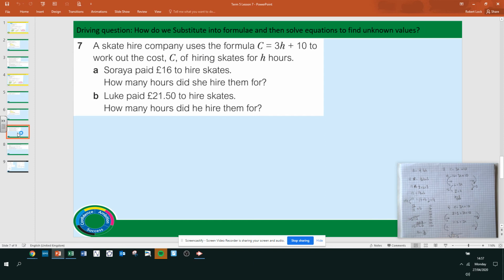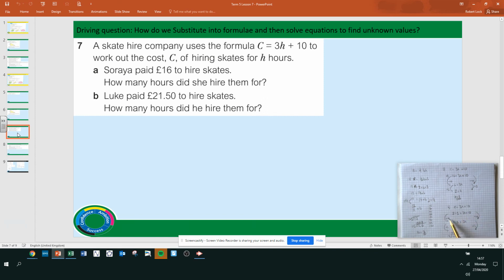3s into 11 go 3, remainder 2. 3s into 25 go 8. Just check my calculations here.